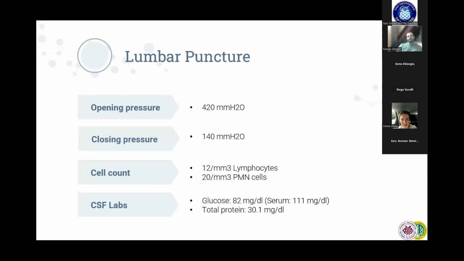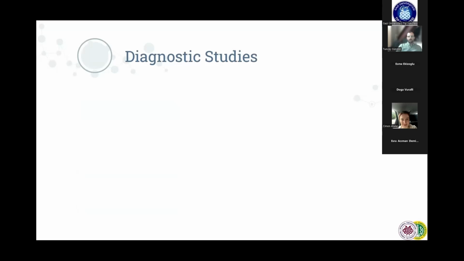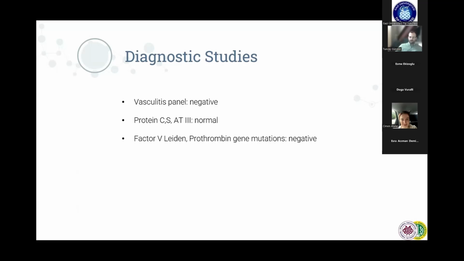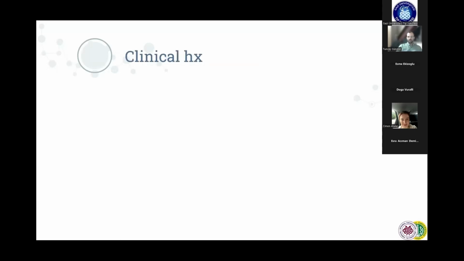After we saw all this information, we started anticoagulation in this patient, but the diagnostic studies also continued, as he is a somewhat older male patient. We did a vasculitis panel, which was negative; protein C, S, antithrombin III, the prothrombin mutation and factor V Leiden mutation were also negative.